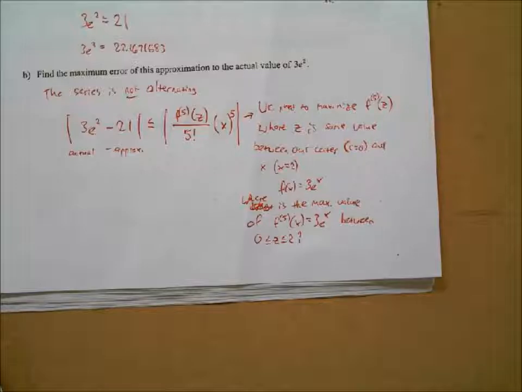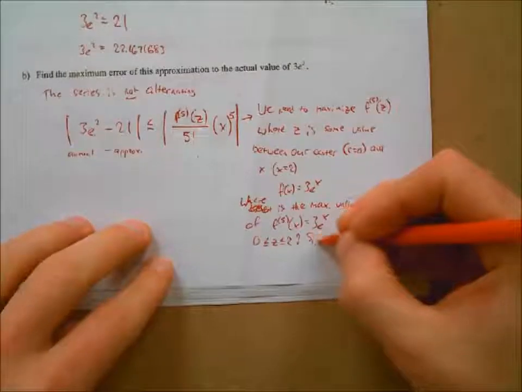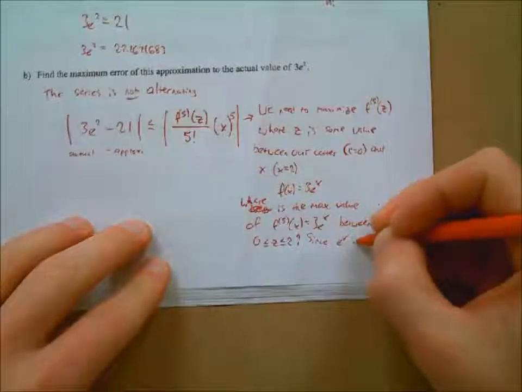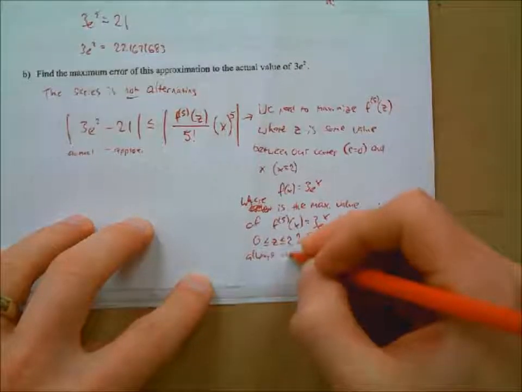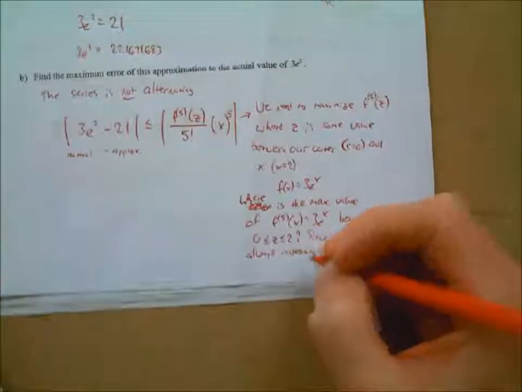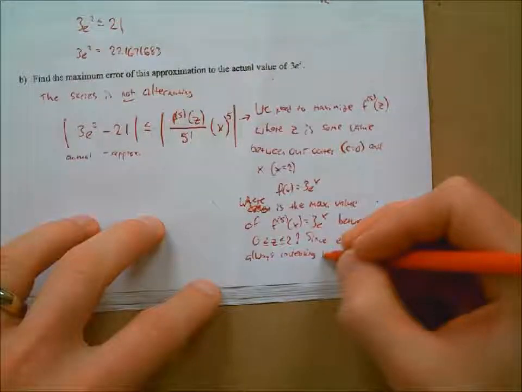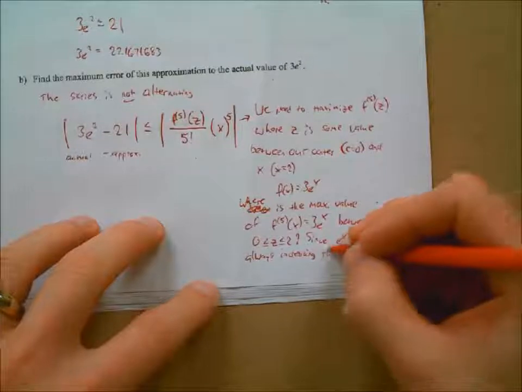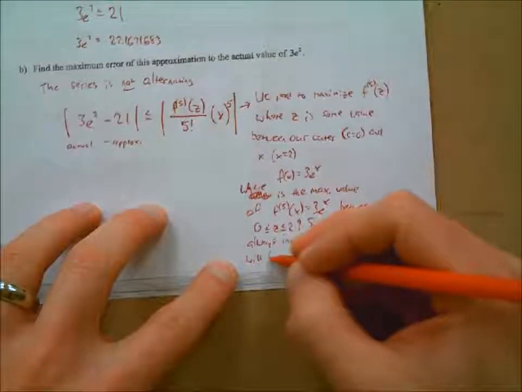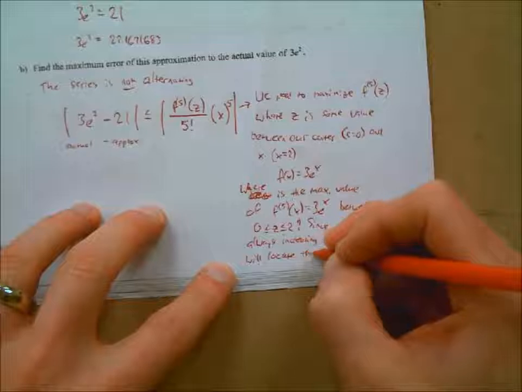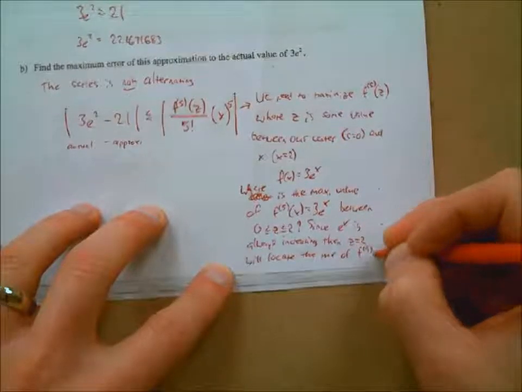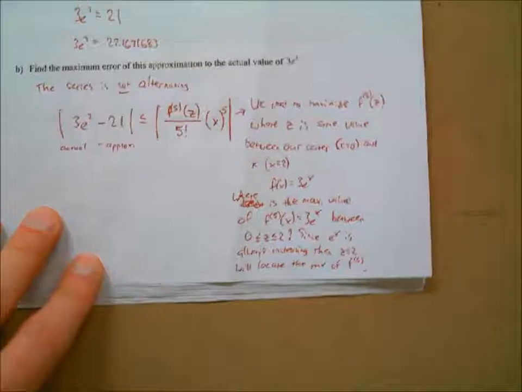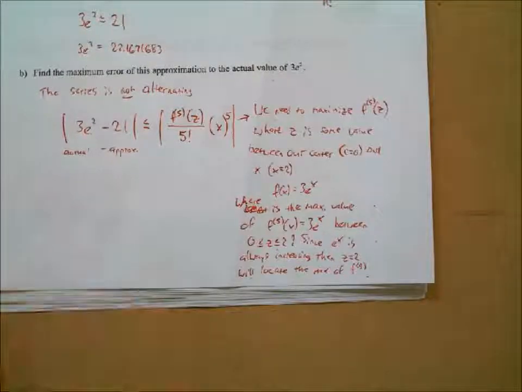But in this case, since e to the x is always increasing, then z equal to 2 will locate the max of the fifth derivative of f there. So that's quite a bit of writing, but this is the idea that I wanted to have there for you.